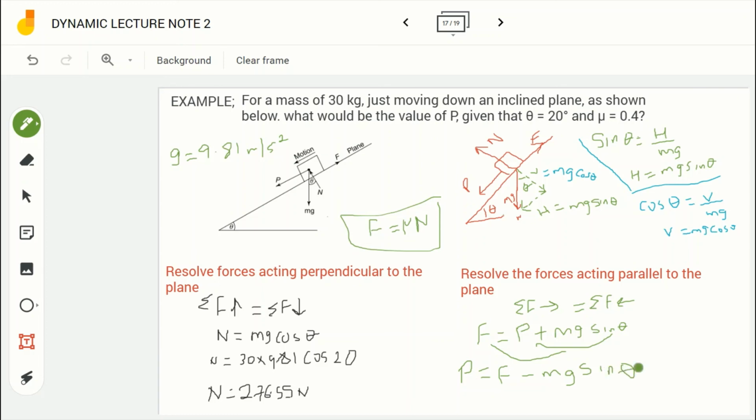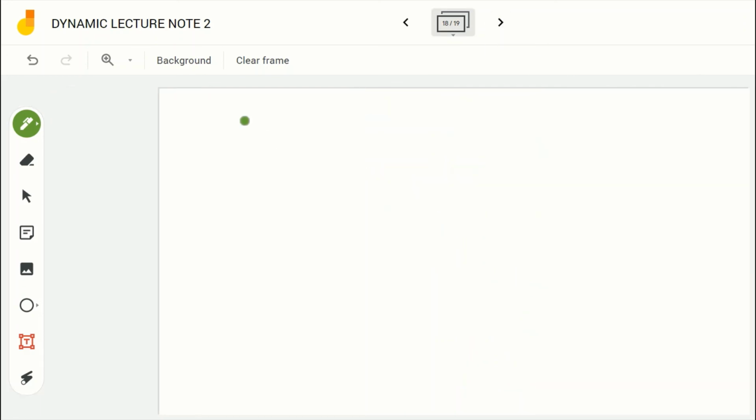All right. So let's move this to the next slide. Our P is equal to F minus mg sine theta. And guys, please remember that my F is equal to the constant times my normal force.